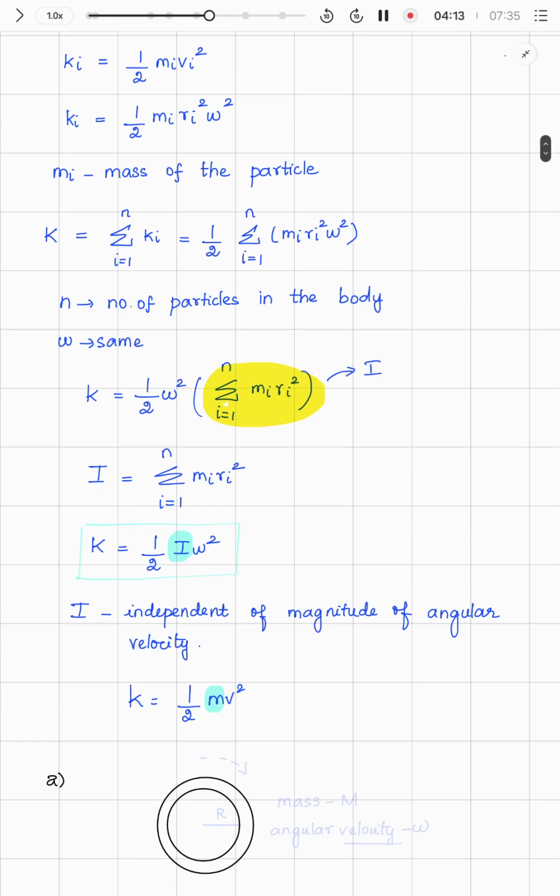Next we are going to consider two cases. In the first case, we are going to consider a thin ring of radius r and its mass is capital M, and it is rotating in its own plane around its center with the angular velocity omega. So it is rotating within the same plane.